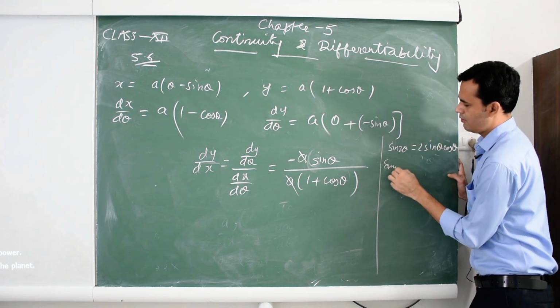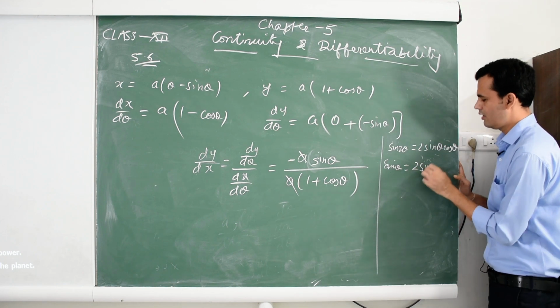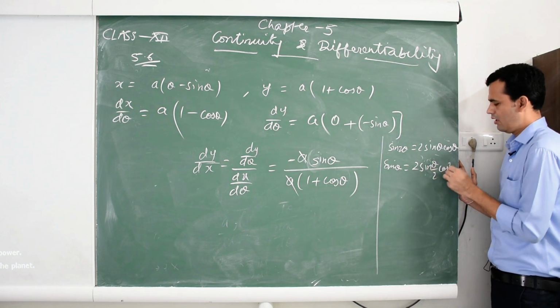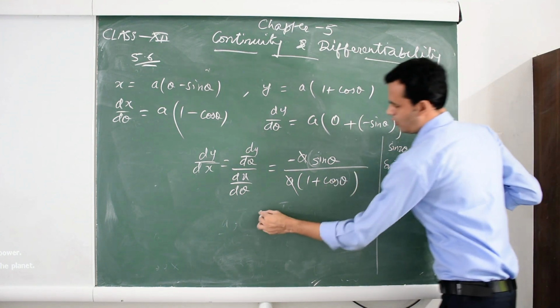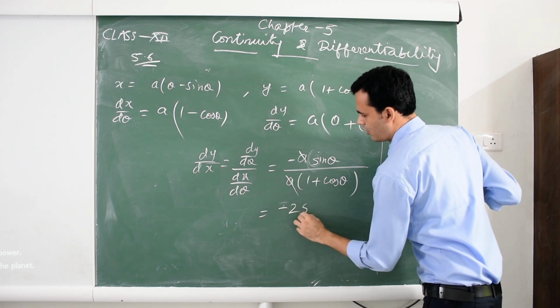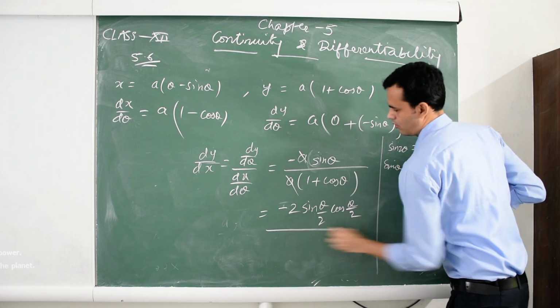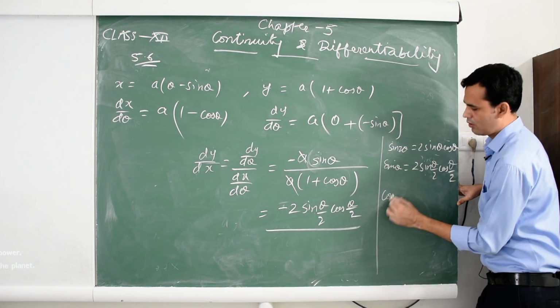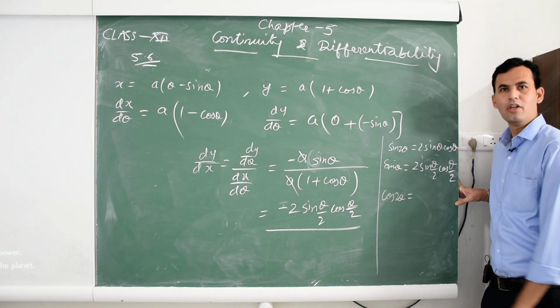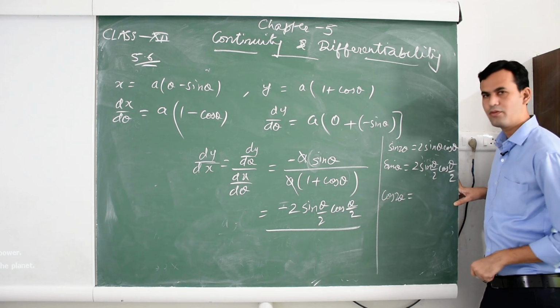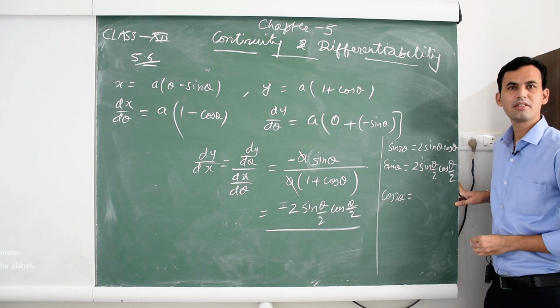So sin theta equals 2 sin theta by 2 cos theta by 2. So the value is minus 2 sin theta by 2 cos theta by 2. Also cos 2 theta, we have 3 formulas. So one formula is 2 cos square theta minus 1.